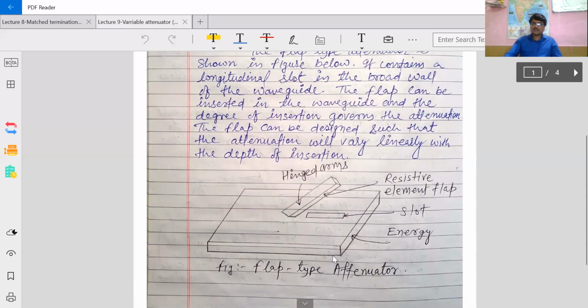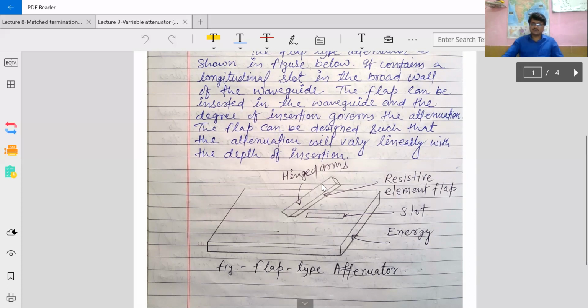So it is a waveguide and there is a rectangular slot, and rather this is a longitudinal rectangular slot. Longitudinal means along the length of the waveguide. And this is a resistive flap, which will absorb the microwave energy.